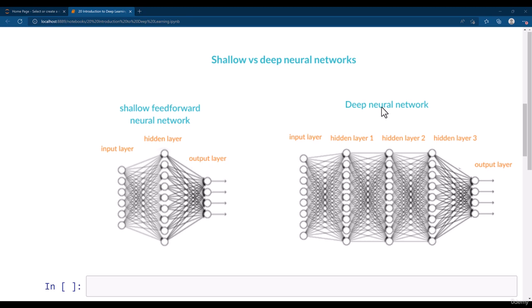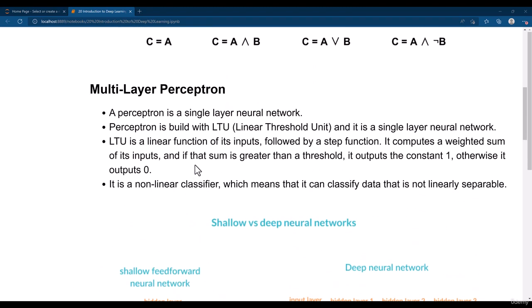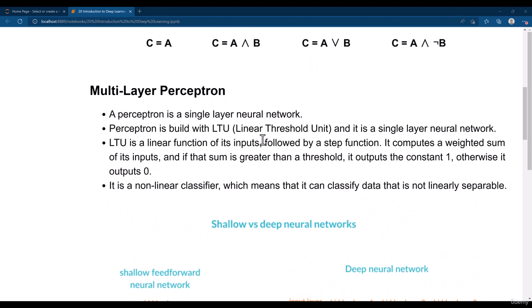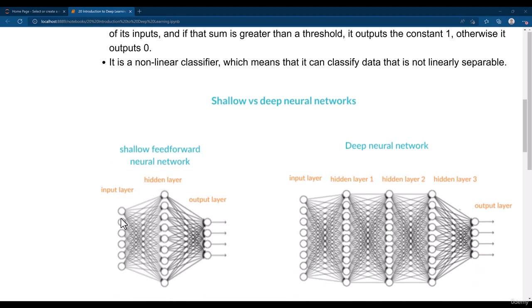But in a deep neural network, we have multiple hidden layers. Now let me explain what these layers are. Whatever circles you see there, each is a single neuron, or you can say a single linear threshold unit or LTU. When you combine all these in a group, it becomes a layer of neurons.